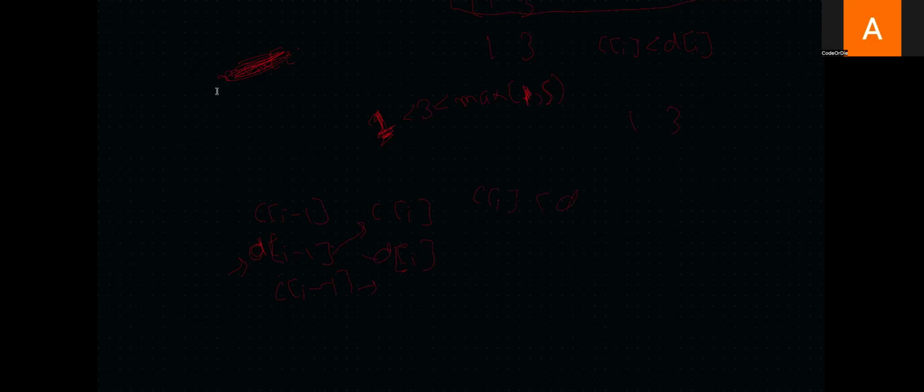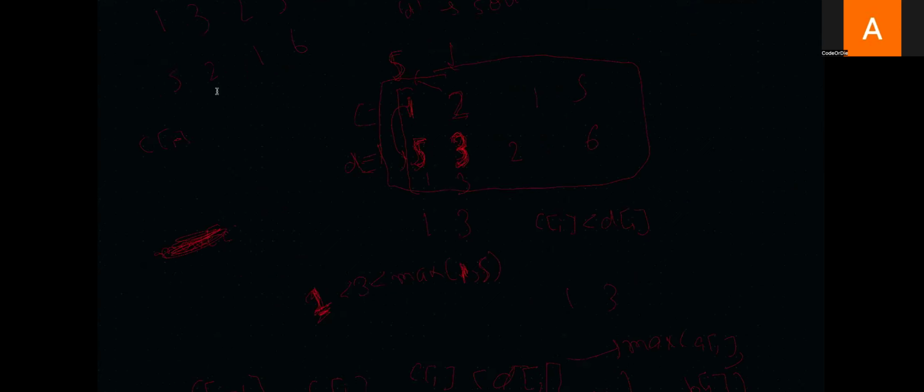And this is true because Ci is the minimum of Ai and Bi, and Di is the maximum of Ai and Bi at each index. So was I able to prove that this can never happen?